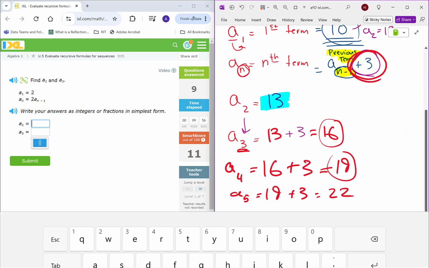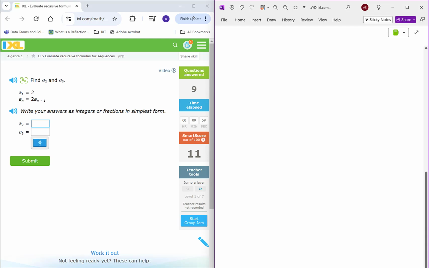So here's another example. And I'll show you the amount of work you should be doing. You should have A sub 1. You could probably skip writing the rule because, let's see, when I go to write the next equation, I'm copying the rule. I'm writing 2 times, and instead of writing A sub n minus 1, I know that this is my A sub n minus 1. It would be 2, so this is 4.